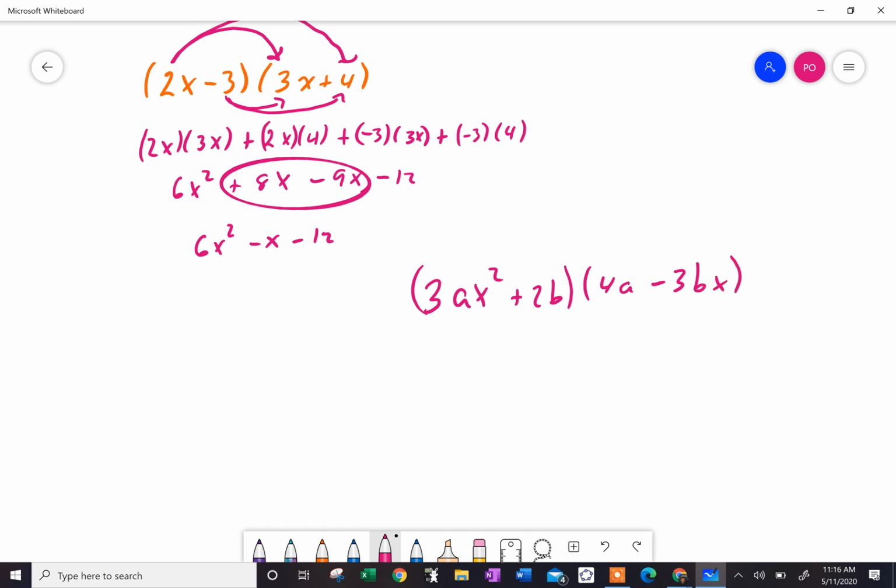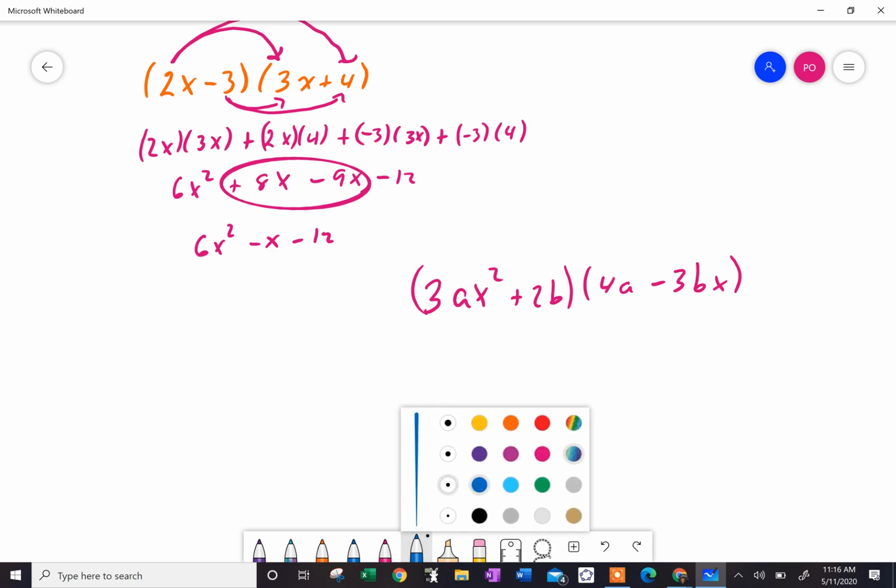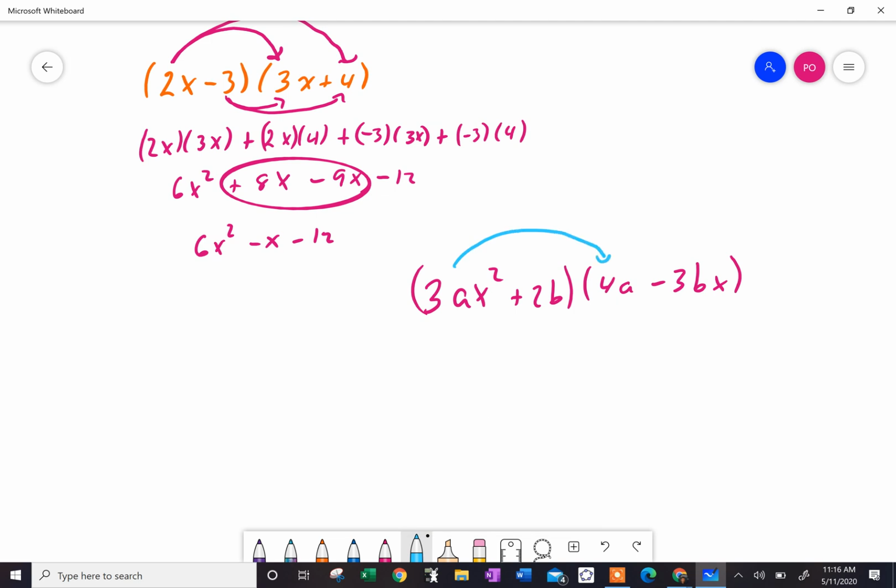This looks crazy, but once again, just follow it exactly as we've been doing it, and there will be no reason to panic. 3ax squared times 4a. And I'm going to actually do this kind of simultaneous. 3 times 4 is 12. A times a is a squared. Now that's really x squared times 1 because there is no other x, so I'm just going to write down x squared. That's it. That's the first times the first.